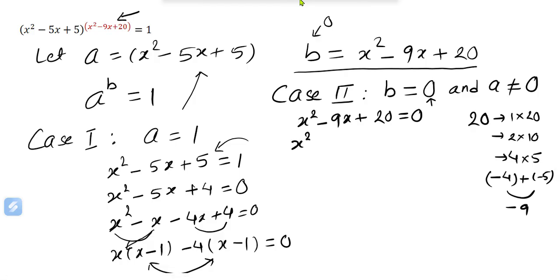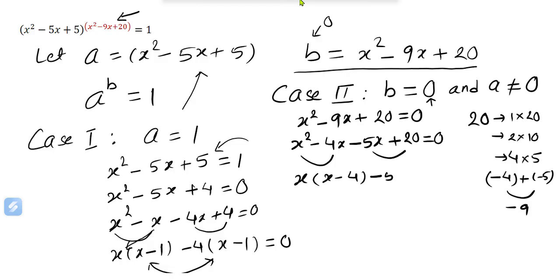Simply now we write x squared minus 4x minus 5x plus 20 is equal to 0. That simply means we look at these two terms where x is common, x is a factor of x minus 4. Now from these two terms, minus 5 is common, so minus 5 is factored out.